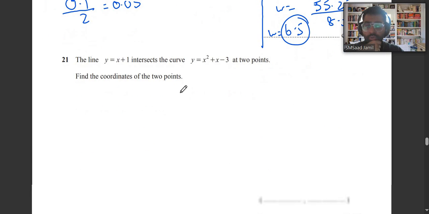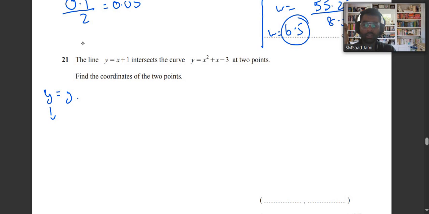Now question 21, it says the line y equals x plus 1 intersects the curve y equals x square plus x minus 3 at 2 points. Find the coordinates. Look guys, if I say that when you stand in front of the mirror you look like yourself, right? So if I say y is equal to y, will you agree with me?